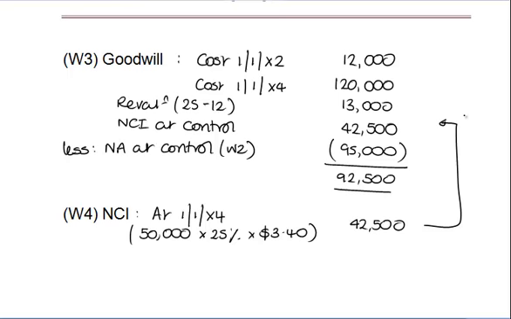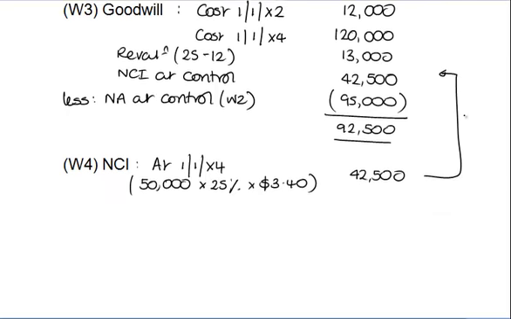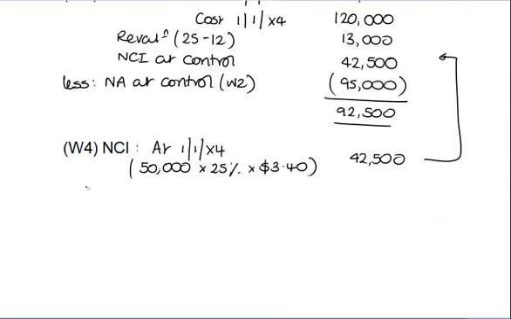Next, we've got the NCI. We've got the NCI at the 1st of January X4. We're then going to give them their share between control and acquisition number 3. And during that period, they have 25% of AL.